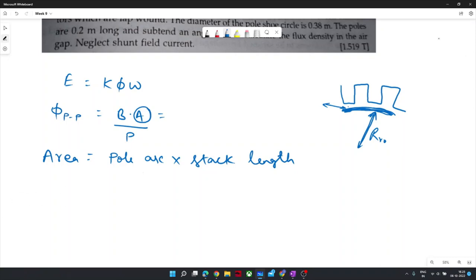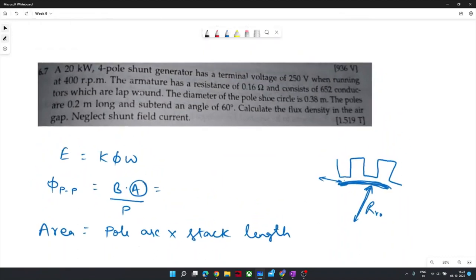Now here the diameter of the pole shoe was given in this problem, that was 0.38 meter, and the poles are 0.2 meter long and subtend an angle of 60 degree. So what does this statement mean?